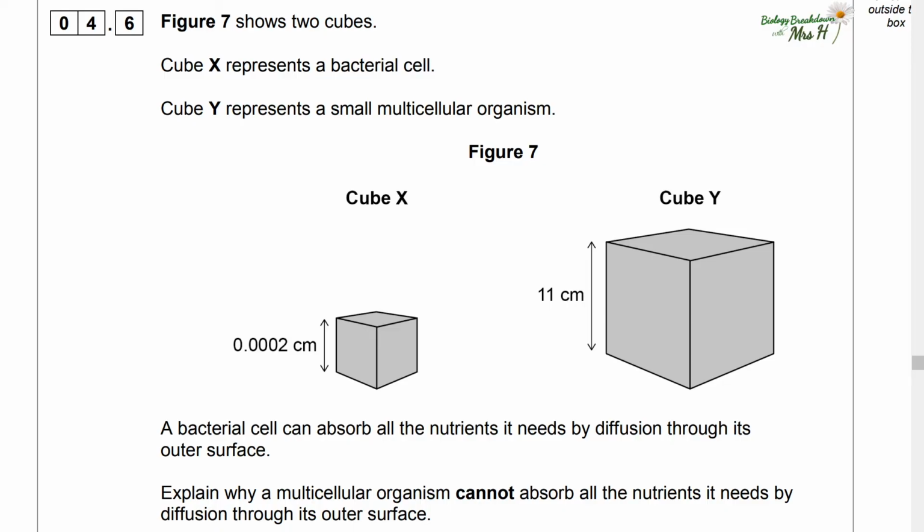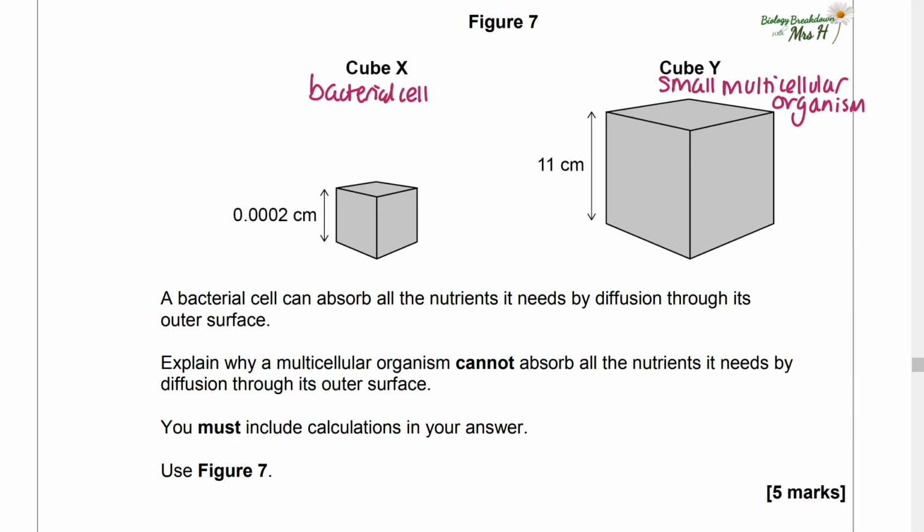Figure 7 shows 2 cubes. Cube X represents a bacterial cell and cube Y represents a small multicellular organism. A bacterial cell can absorb all the nutrients it needs by diffusion through its outer surface. Explain why a multicellular organism cannot absorb all the nutrients it needs by diffusion through its outer surface.